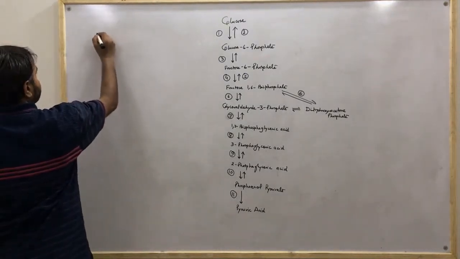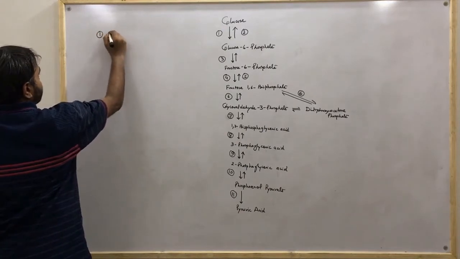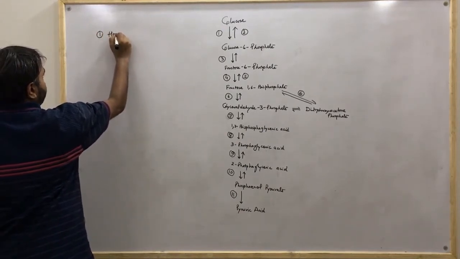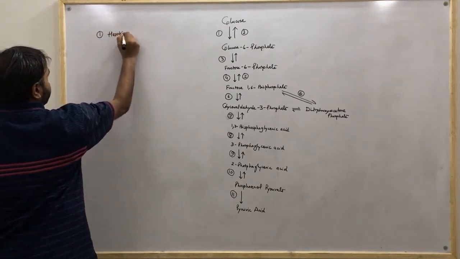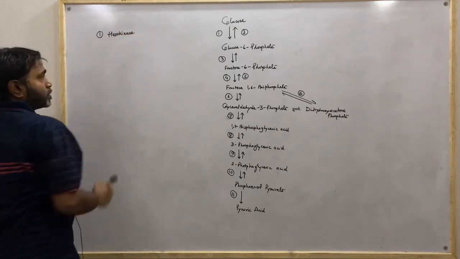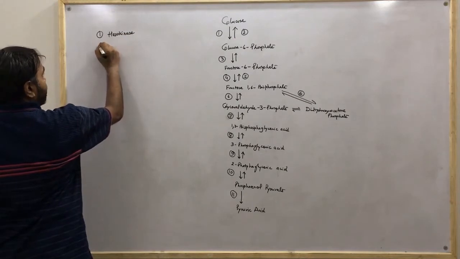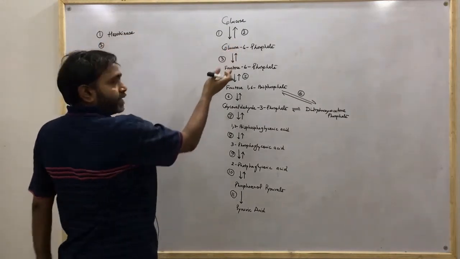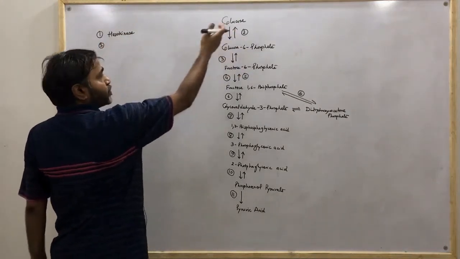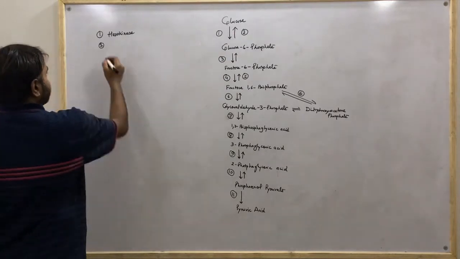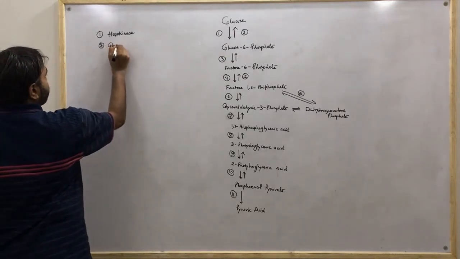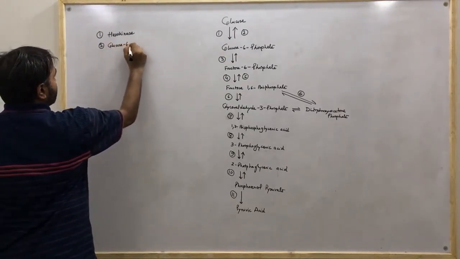So which is the first enzyme? First one is hexokinase. It is also called glucokinase. Now the second enzyme, which facilitates the conversion of glucose 6-phosphate into glucose, that is glucose 6-phosphatase.